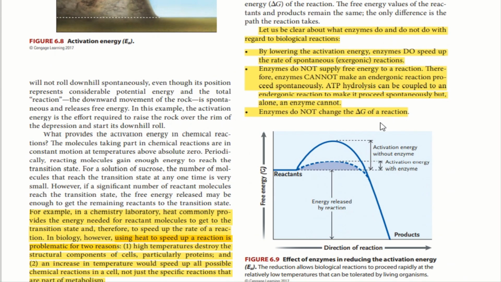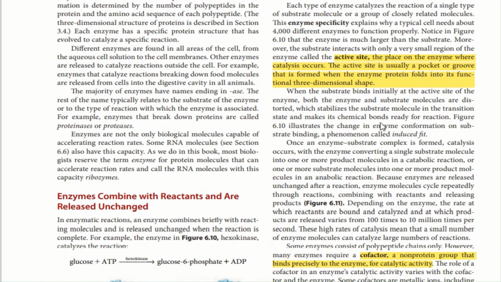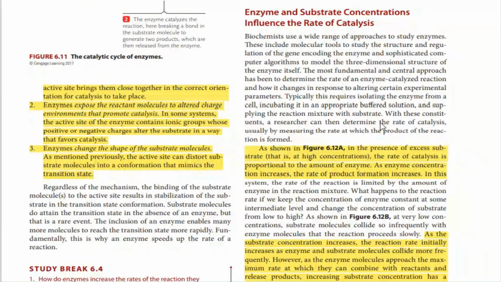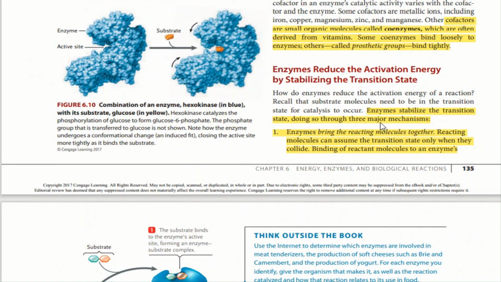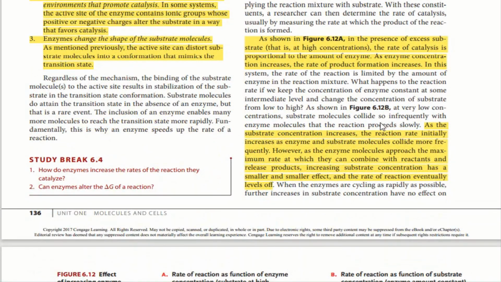The do's and don'ts of enzymes, the role of enzymes in chemical reactions, and what are the three mechanisms by which an enzyme stabilizes the transition state? These are the three key points, must remember them.